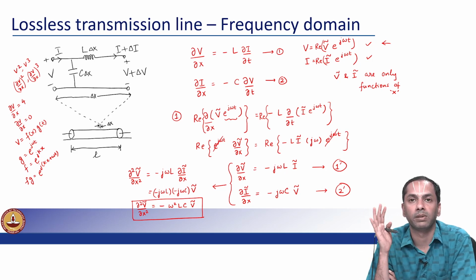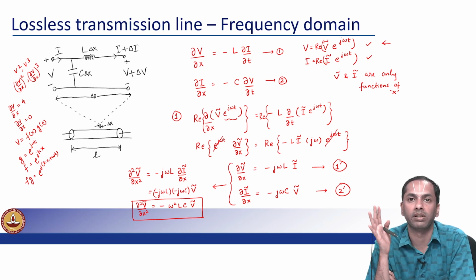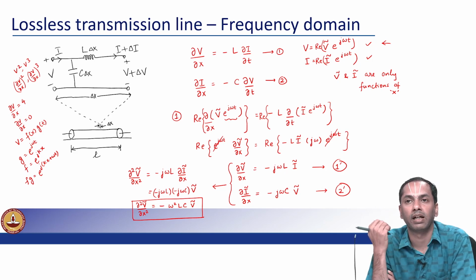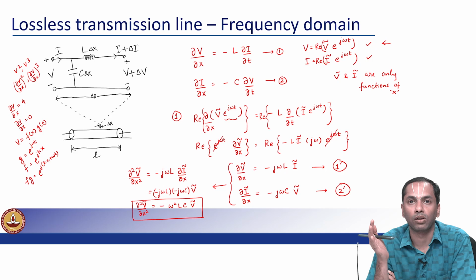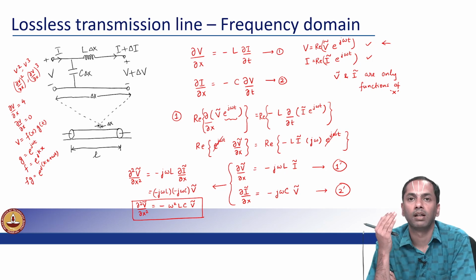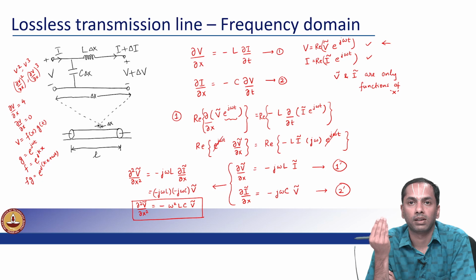The time dependence has been explicitly forced to behave as e to the j omega t, because we know that linear systems will not create any new frequencies, right, and in that case we have a way of just looking at the spatial dependence, right.